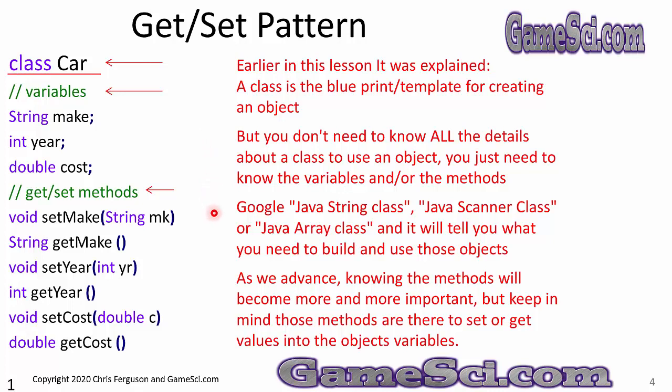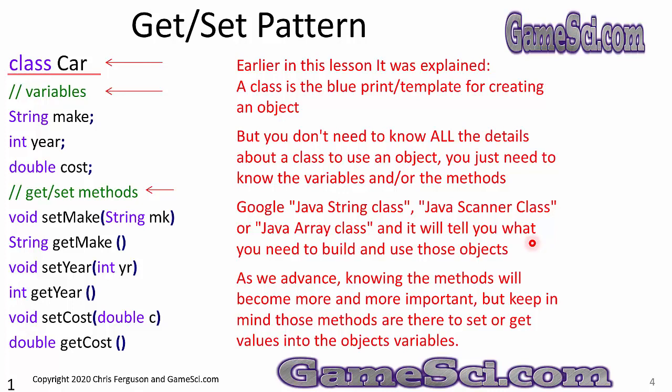If you were to Google Java String class, or Java Scanner class, or Java array class, it would tell you what you need to know to build and use those objects. You don't need to know the details on how an array stores the data, or how a string stores the characters. You just need to know what those variables and or methods are, and you're off to the races.